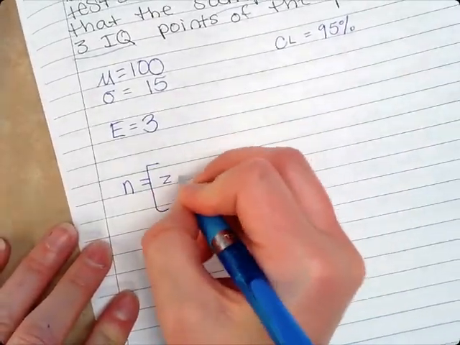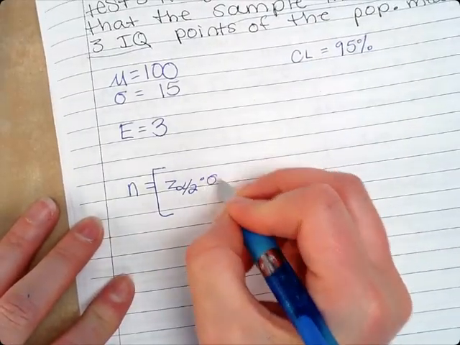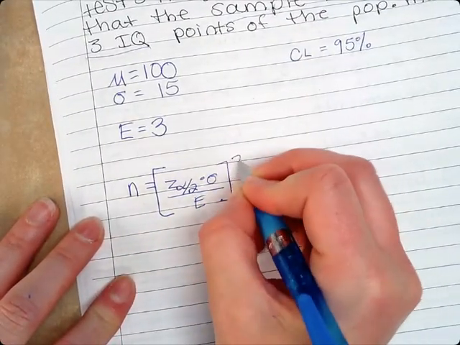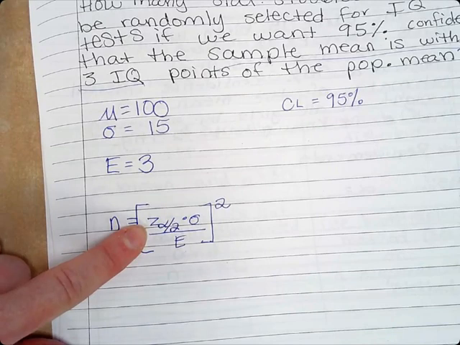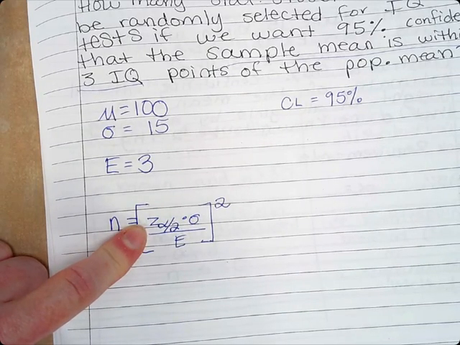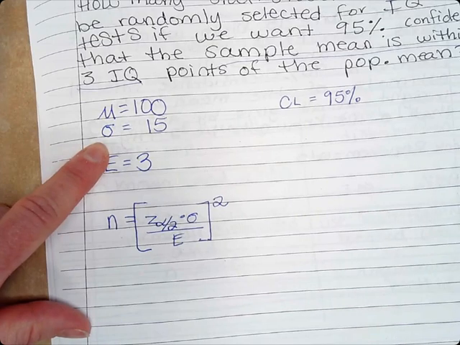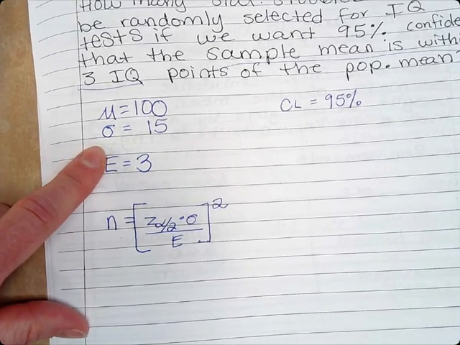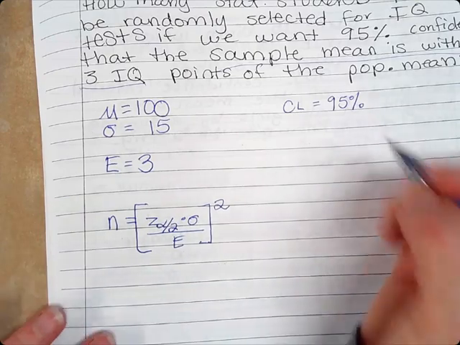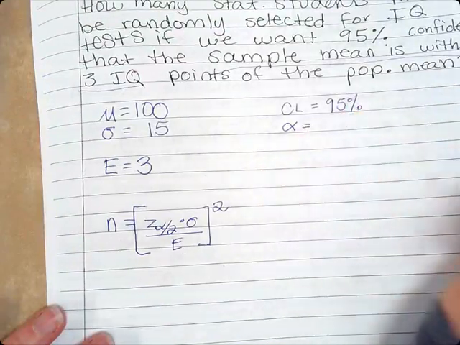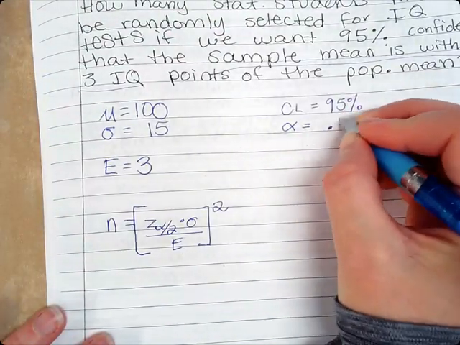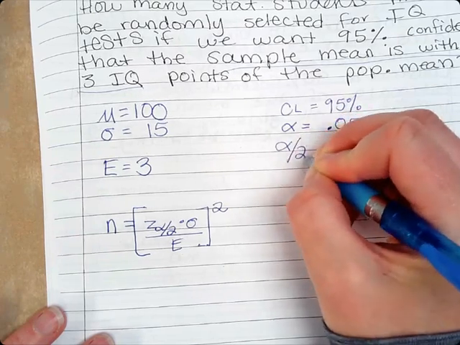Our formula says our critical value, that's our formula. And the reason we're using Z instead of T is because we know our population standard deviation. Since we know that, we can use the Z. So a 95% confidence. Then what's alpha? 0.05. And then what's alpha over 2?